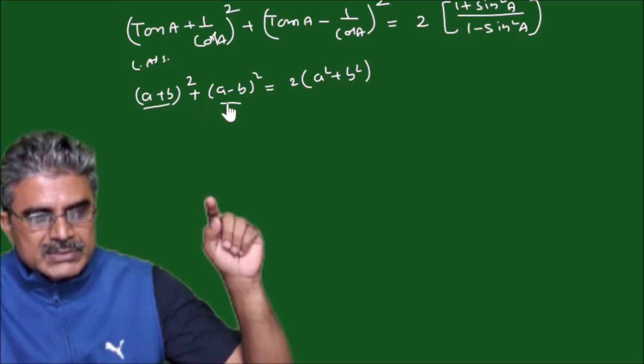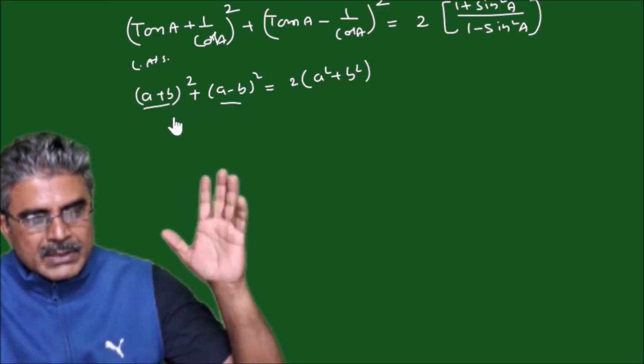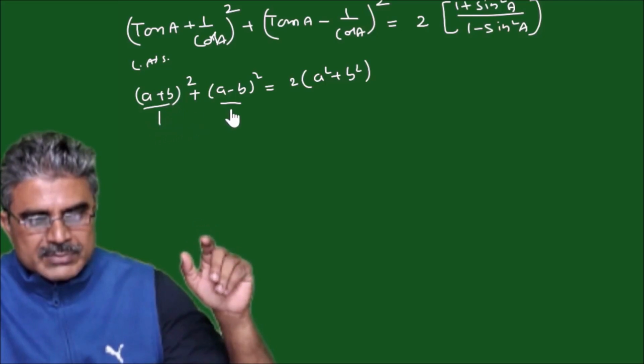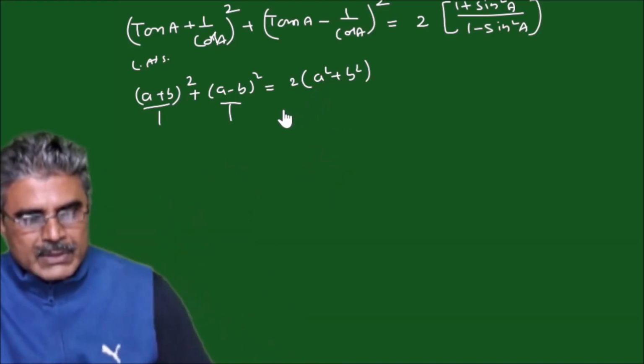So when you are summing up, the minus term and plus term of 2AB get cancelled, and you will have A square plus B square in this expression and A square plus B square in this expression, so that I can write 2 into A square plus B square.